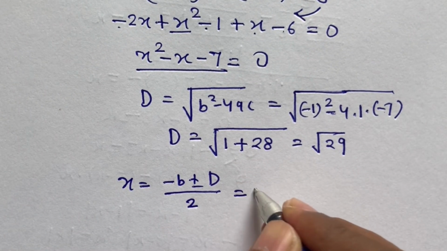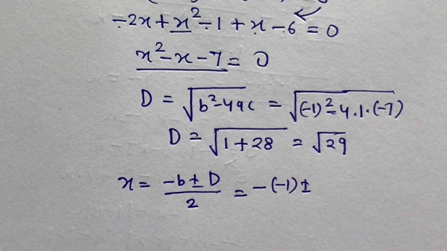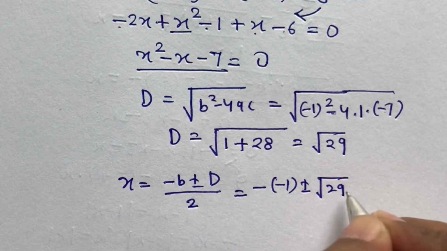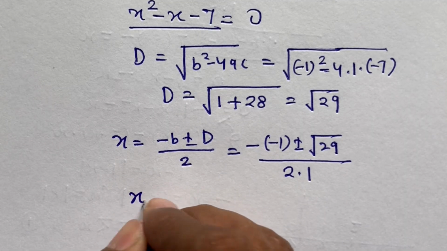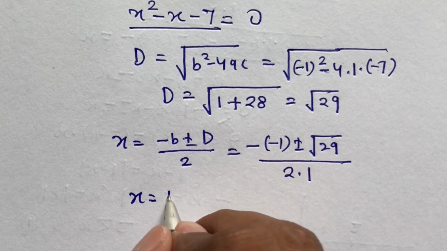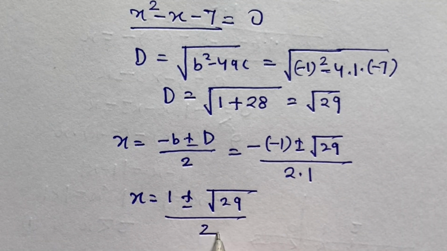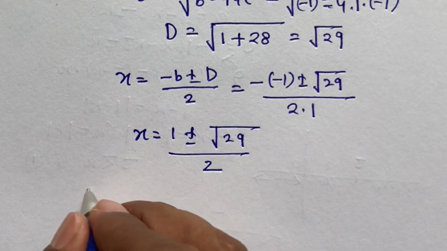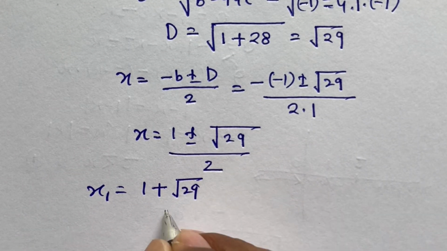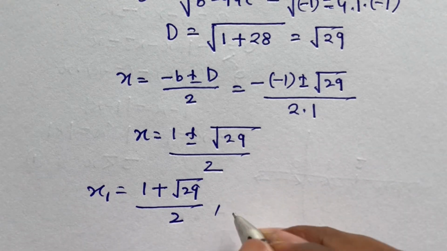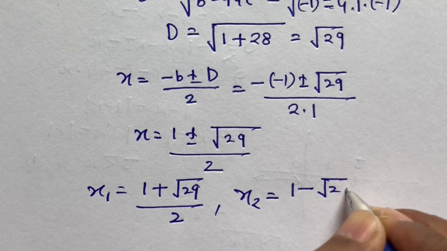So x will be negative b, which is 1, plus or minus square root of 29, divided by 2 times 1. So x1 will be 1 plus square root of 29 divided by 2, and x2 equals 1 minus square root of 29 divided by 2.